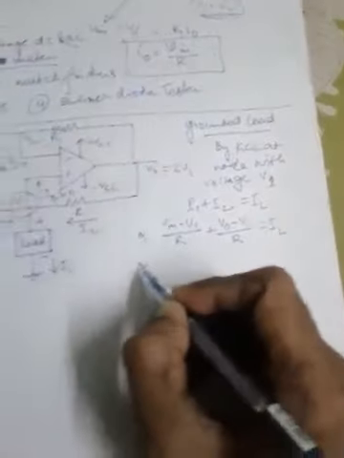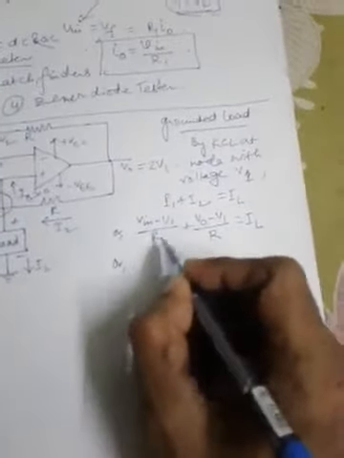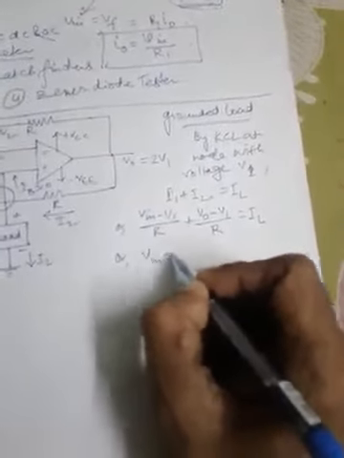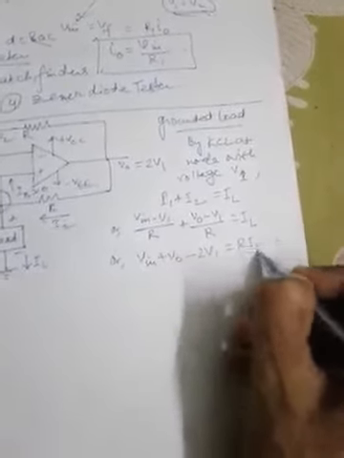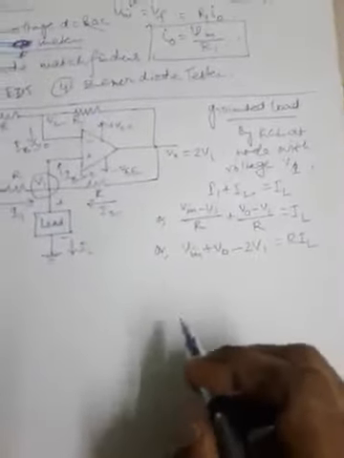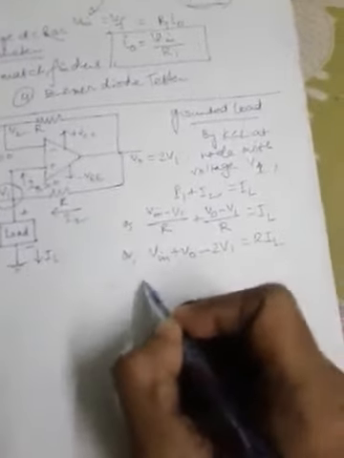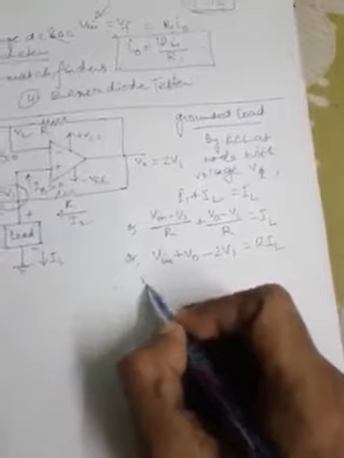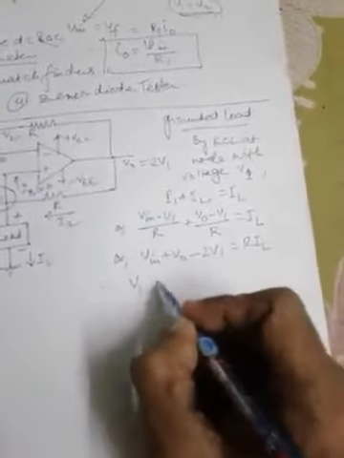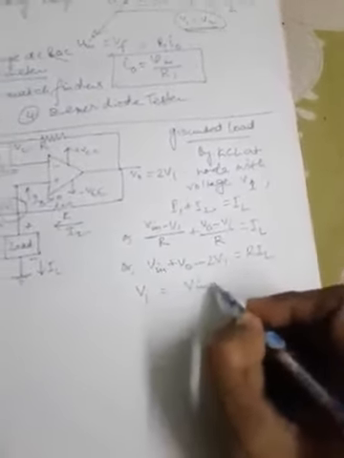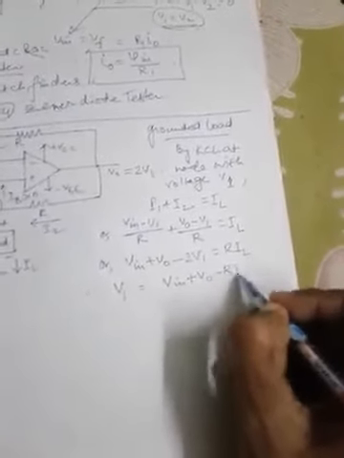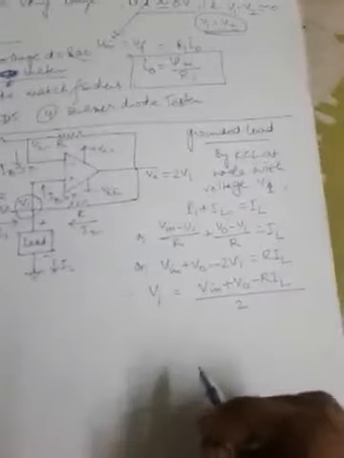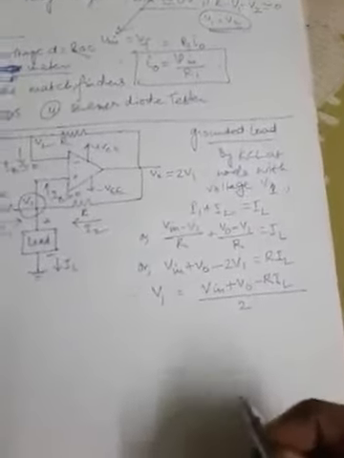From here we may write Vin plus VO minus 2V1 is equal to R IL, and therefore V1 is Vin plus VO minus R IL, divided by 2.